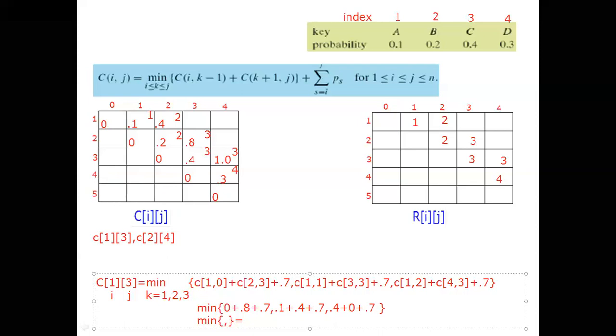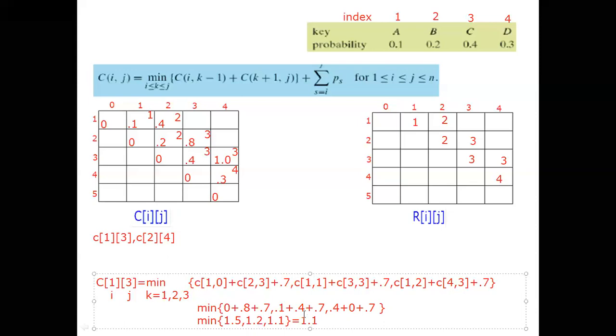Now we have to calculate the values. 3 values we will get. The first value is 0 plus 0.8 plus 0.7 is 1.5. Next one is 0.1, 0.4, 0.7, value is 1.2. Next value is 0.4, 0, 0.7 is 1.1, which is the smallest value, 1.1.